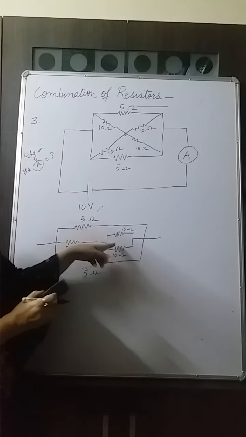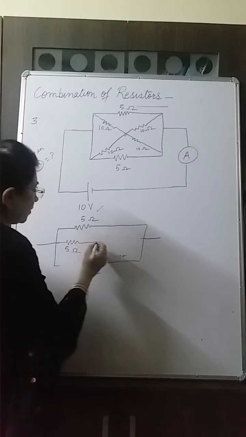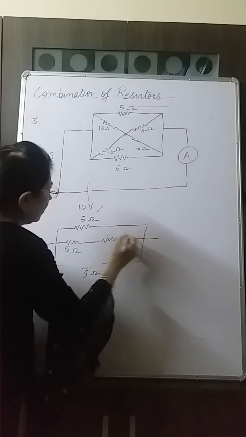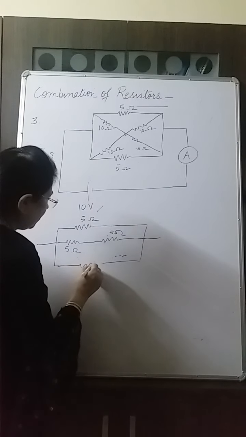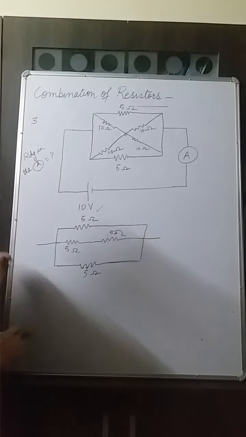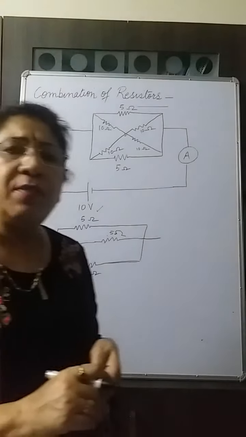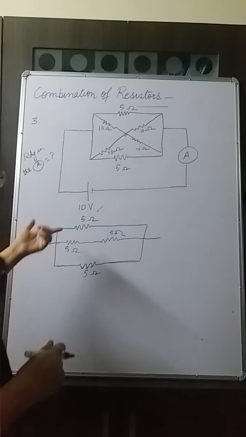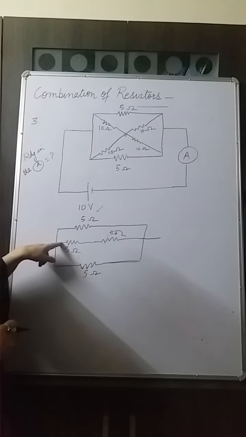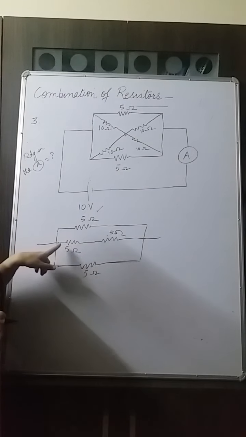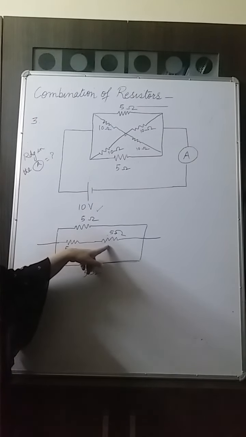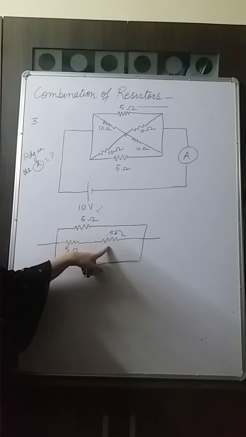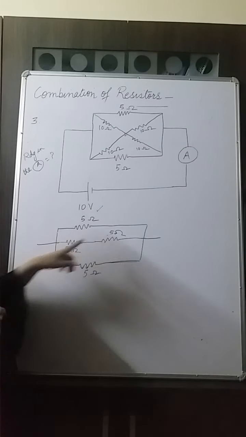This combination also becomes 5 ohms, and the circuit now has reduced to this equivalent circuit. In the middle wire we have two resistors of 5 ohm each. These are in series, so they will add up to 10 ohm.